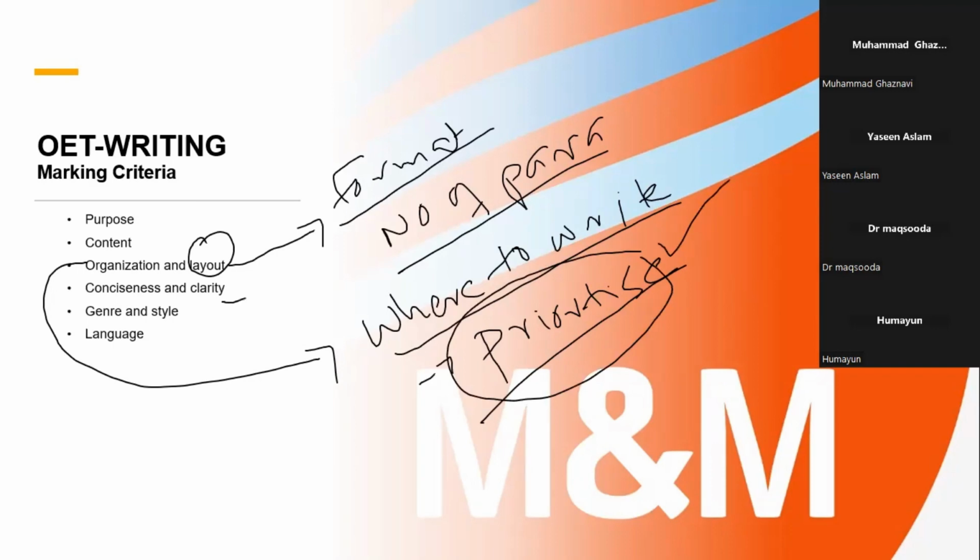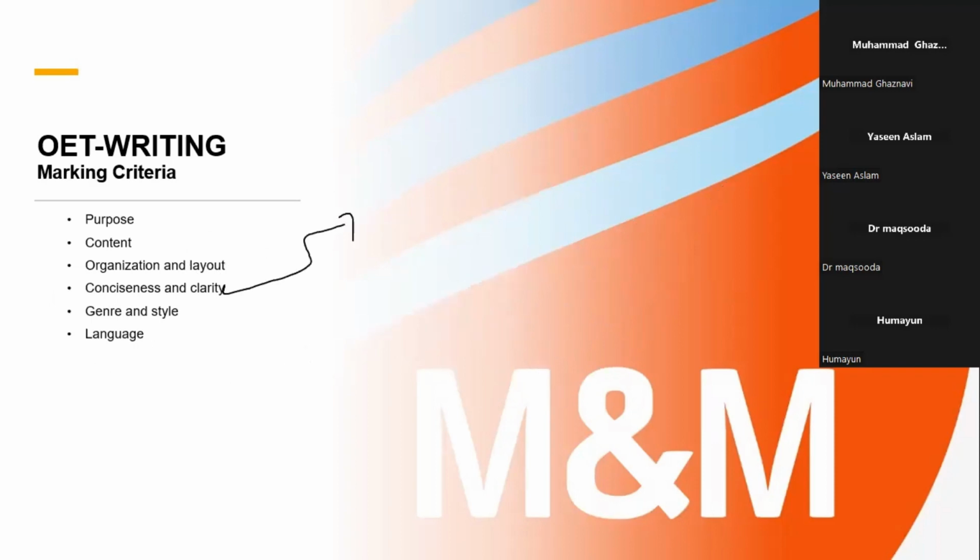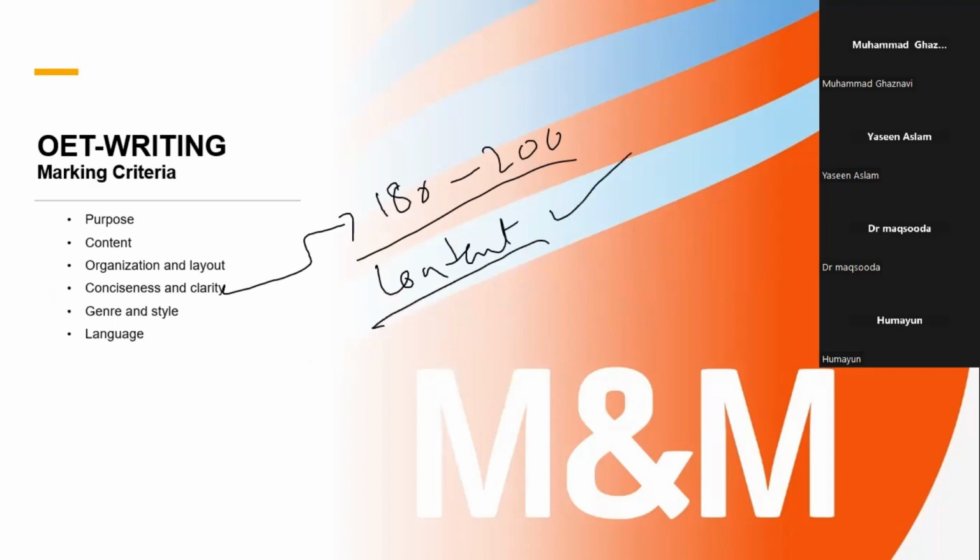Then we have conciseness and clarity. Although you have to write within the given frame of 180 to 200 words, it does not mean that you miss something important. First of all, it has a direct relationship with the criterion of content. That is, if you have selected the relevant information, you are going to write it in the given window.